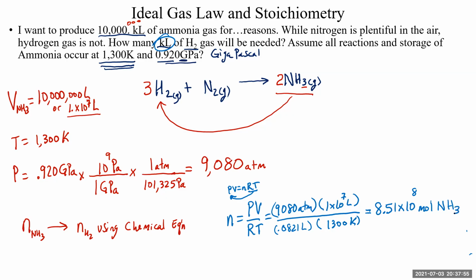That seems like a lot of moles of gas, I've got to tell you. Now we can use our stoichiometry. That's not our answer, so I don't want to circle it.